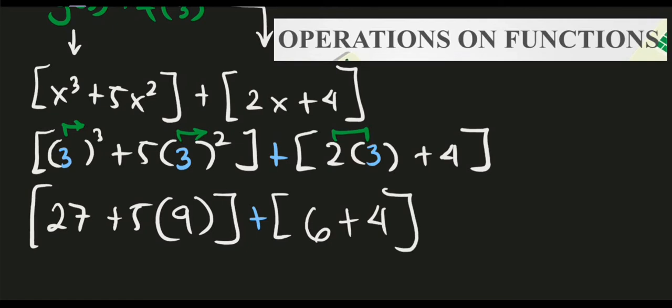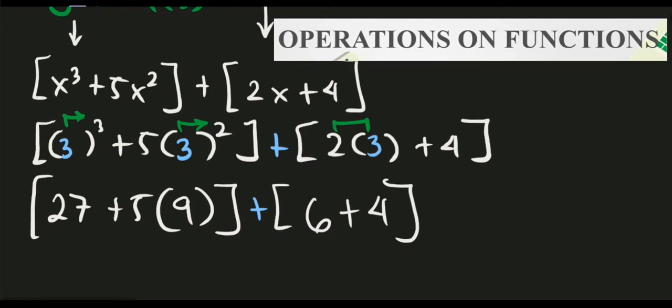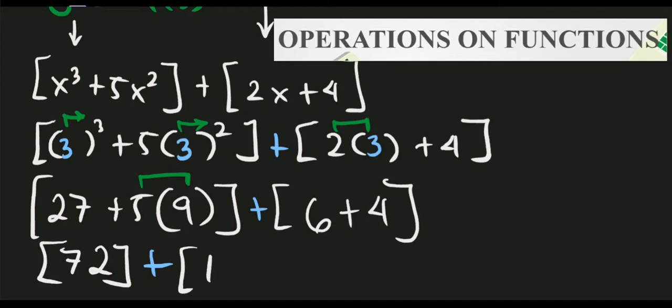Okay, so let's simplify our given expression. It will give us 27 plus 5 times 9. So 5 times 9 is 45, and 45 plus 27 is equal to 72. So we have 72 for function g, plus we have 6 plus 4 from function f, which is equal to 10.